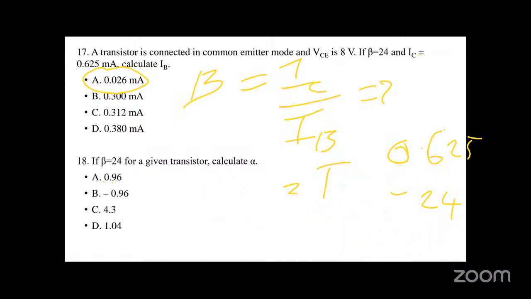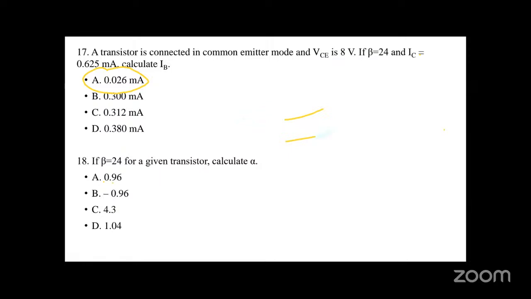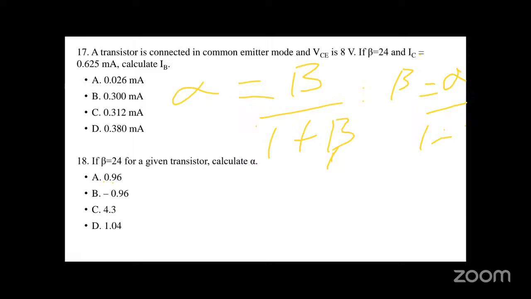Now for question number 18. If beta is 24 for a given transistor, calculate alpha. There's a relationship between beta and alpha to solve a similar question. This time, alpha is equal to beta over 1 plus beta. I remember that beta is equal to alpha over 1 minus alpha.